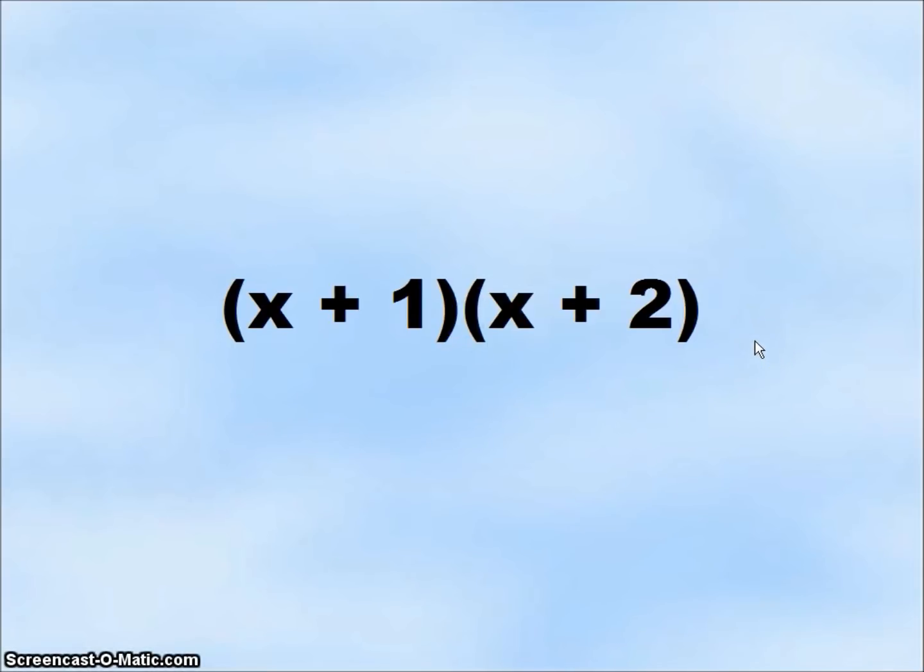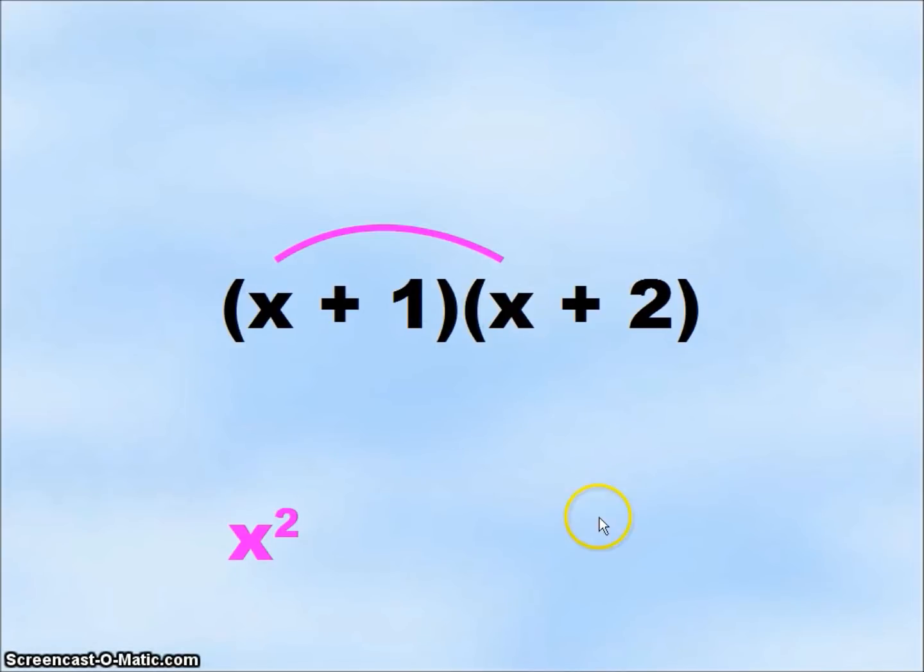And remember, there's a way of multiplying these together to get a trinomial. A common terminology for this method is the FOIL method, meaning first, outside, inside, last.